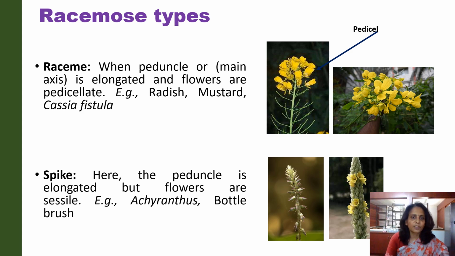Example, radish, mustard, cassia. A spike, on the other hand, is a type of racemose inflorescence where the peduncle is elongated and the flowers are arranged in an acropetal manner, but here the flowers are sessile in nature. Example, Achyranthes or bottlebrush.